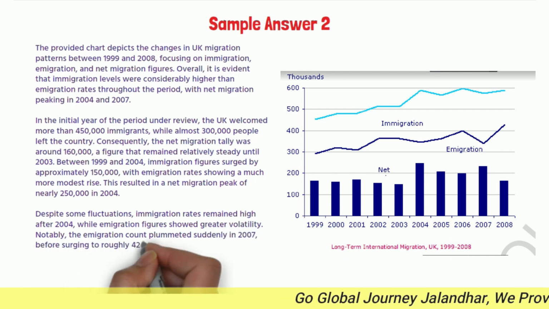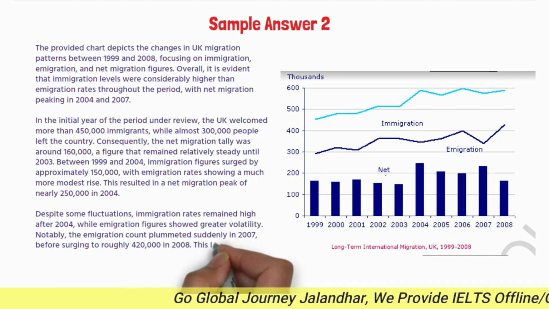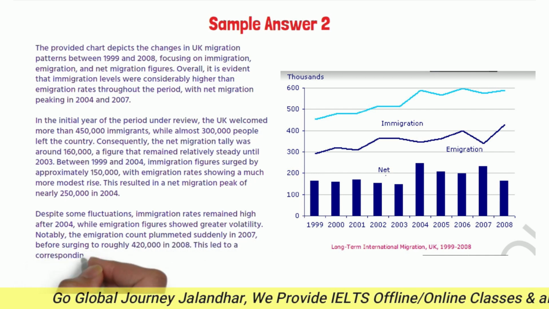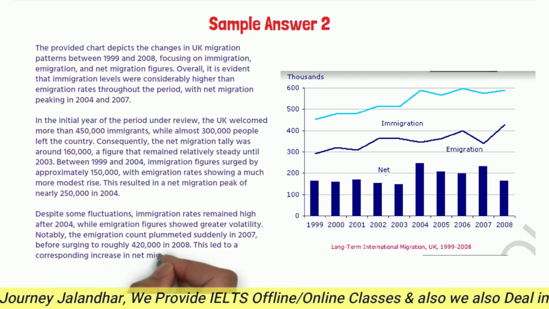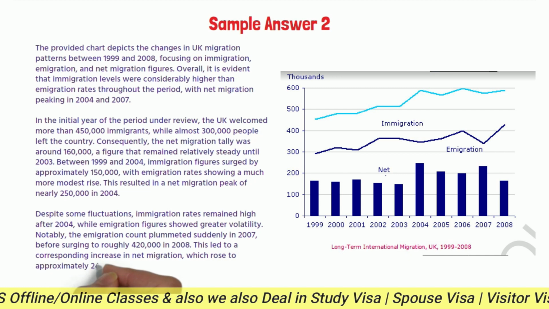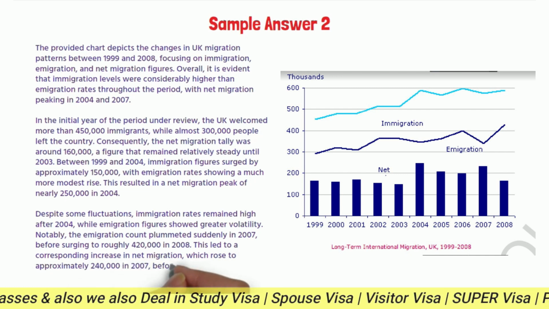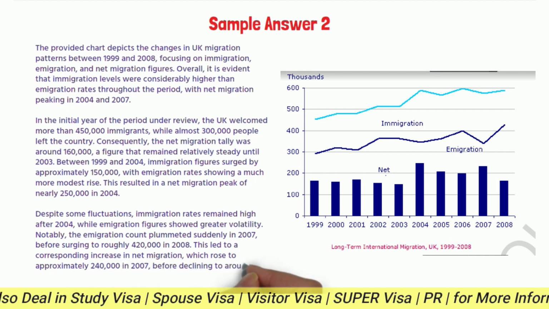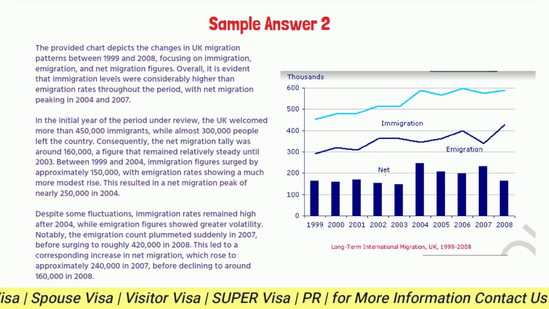This led to a corresponding increase in net migration, which rose to approximately 240,000 in 2007 before declining to around 160,000 in 2008. This is the end of the sample answer 2.